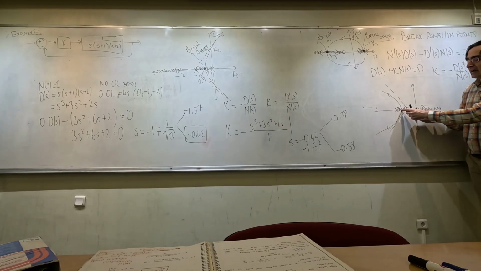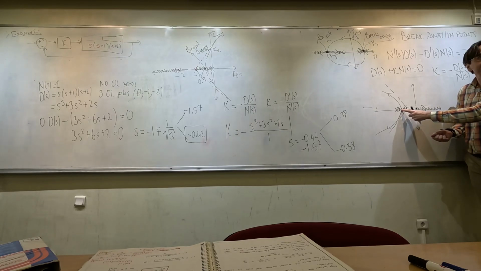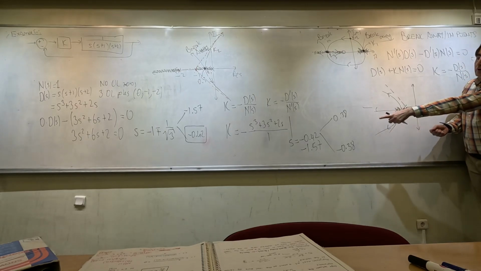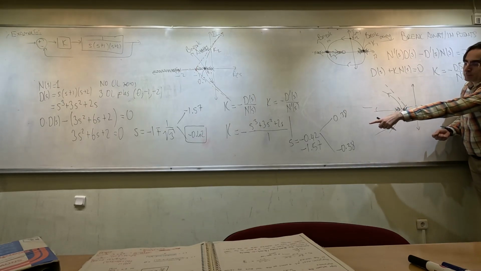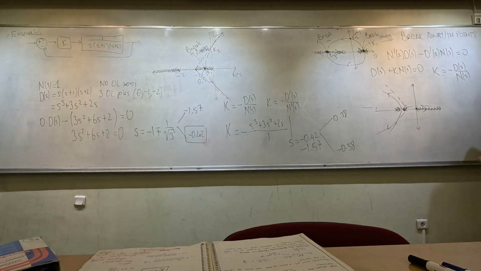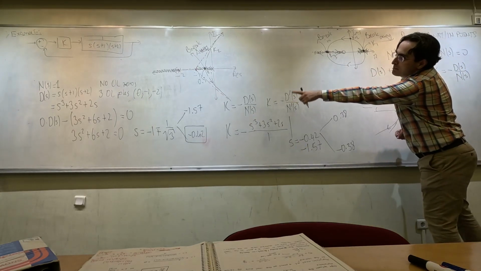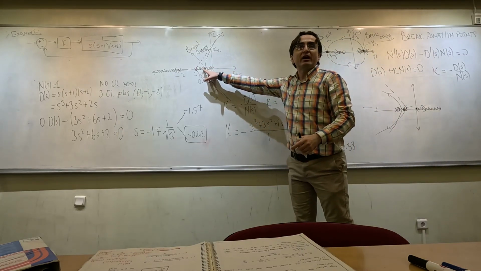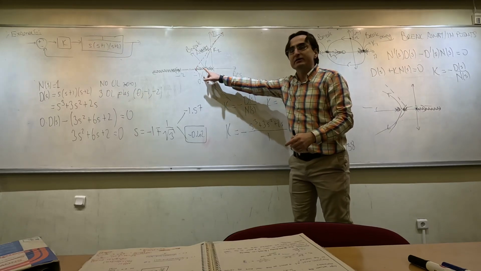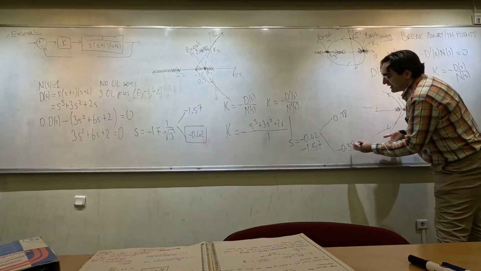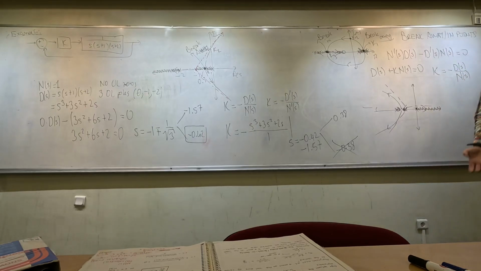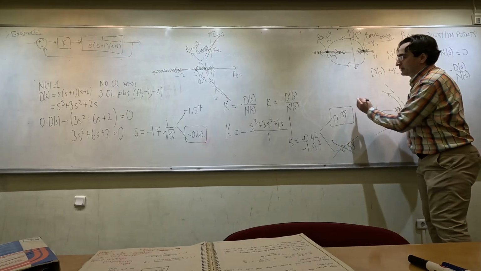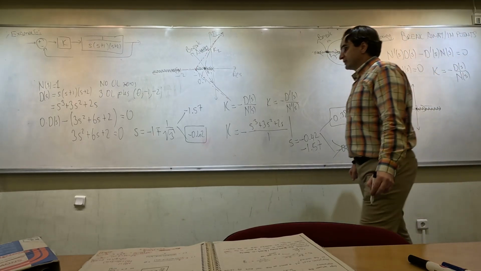And at this point, at k is equal to minus 0.38, there is again a breakaway point, which we can obtain by using the same formula. So here, if you obtain multiple points, then in order to extract the breakaway point that we are interested in, you can just look at the k values and neglect the s values with negative k values, okay? And this is what you're going to be interested in.